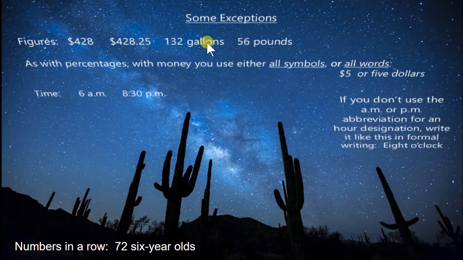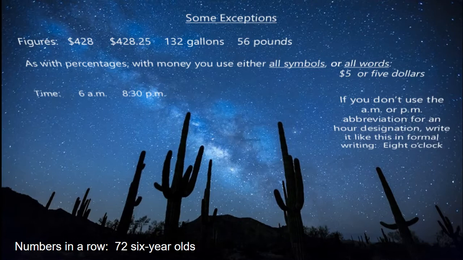Gallons, pounds, any weights: 132 gallons, 56 pounds. Whether or not you would spell out gallons or pounds, you should in general in formal papers. If you're doing a highly scientific paper that uses lots of weights and measures, you will probably use the abbreviation for it, but you'll want to either ask your instructor, your boss, or look at other papers in that field.